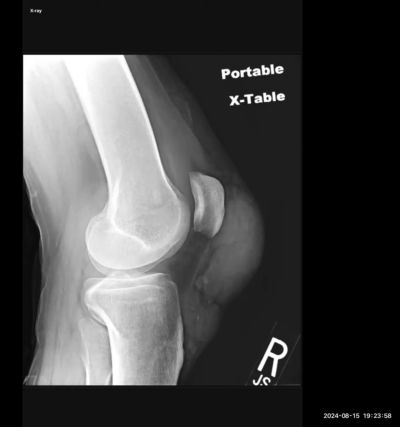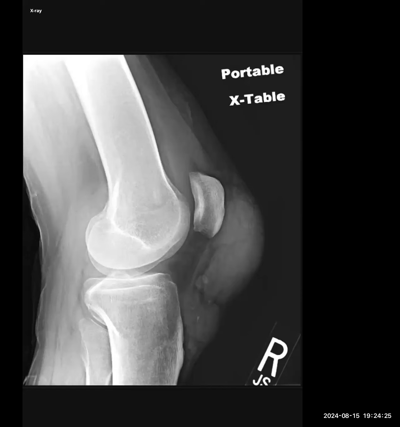There are some calcific densities in the prepatellar region within the soft tissue. My principal diagnosis is mainly a bursitis, a prepatellar or infrapatellar bursitis. I would like to do an MRI for this patient to confirm the diagnosis.